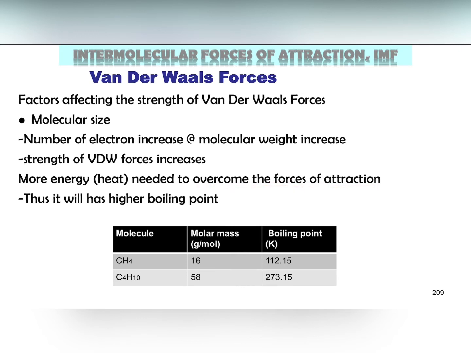That is why, contoh kalau kita tengok kat sini ada CH4 dengan C4H10. So CH4 molar mass dia adalah 16 gram per mole, C4H10 58 gram per mole. So you can see here boiling point untuk CH4 112.15 Kelvin, dan untuk C4H10 lebih tinggi, higher, 273.15 Kelvin.